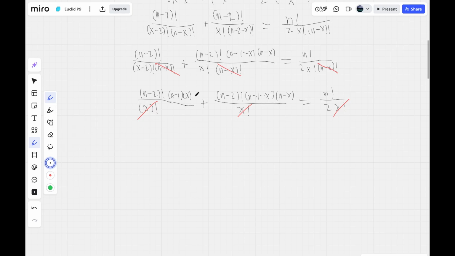Now we can cancel even more things. We want to cancel all factorials. So notice we have n minus 2 factorial twice, and we have an n factorial. So we can make the n factorial become a product of n minus 2 factorial and n minus 1 and n. These stay the same.